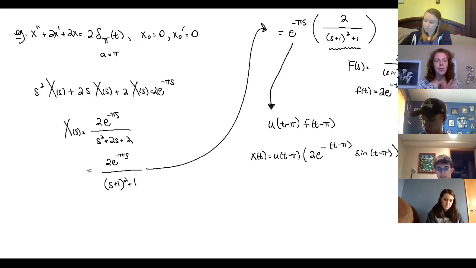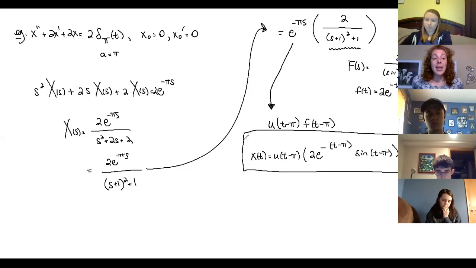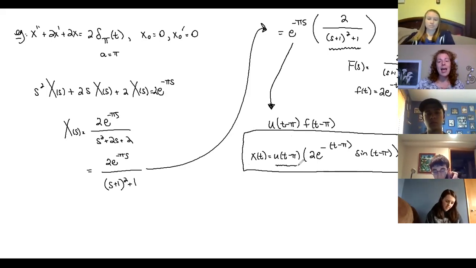So you have to keep in mind there's a couple of different things going on here. Dealing with the e's out in front is the last part. So this is my function here. This makes sense if you think about it, right? Because when I have this unit step function, that means that nothing happens until t equals pi, and then my motion proceeds according to this function.